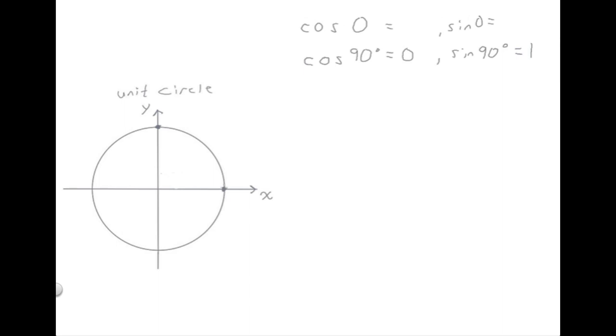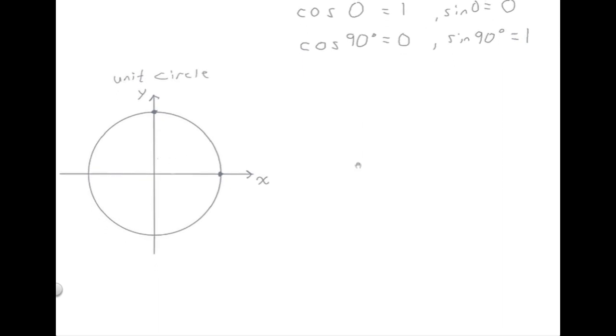And what's the x-coordinate of this point? 1. That's the cosine. And what's the y-coordinate of this point? 0. So that's the sine. Okay, so now we've worked out some further exact values.